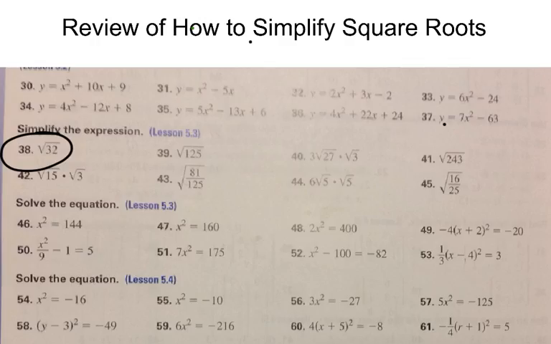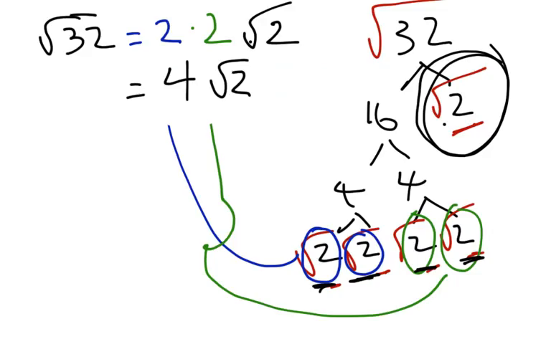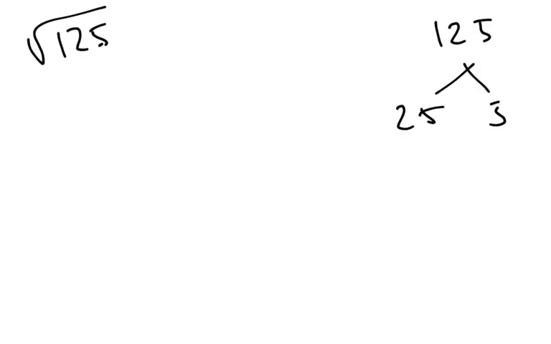The next problem that we're going to do is 39, the square root of 125. So let's go to a blank page. Again, we're going to break the 125 into 25 and 5. The 25 is 5 times 5.